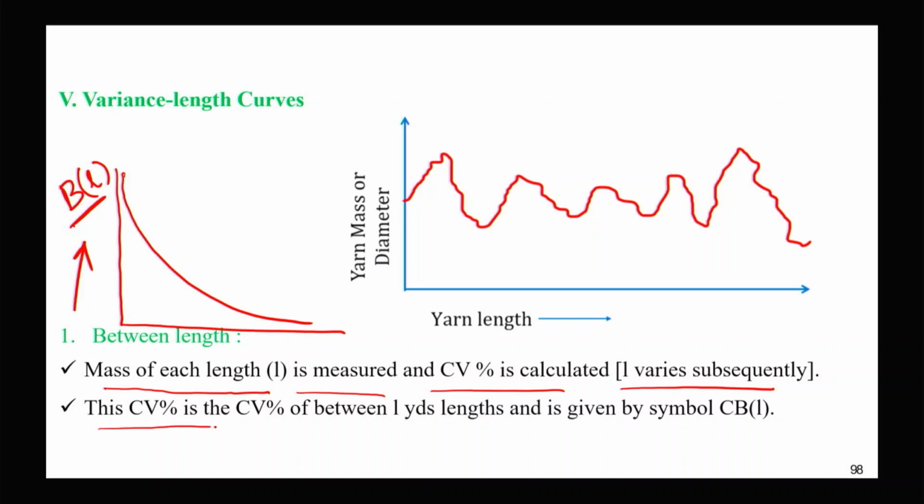And this CB percent is the CB between say 1 yard length. So 1 yard length is given the symbol, so this is the L yard.